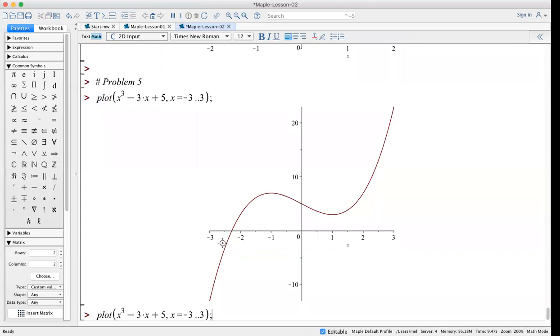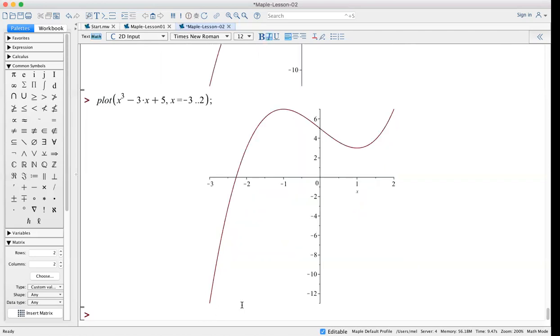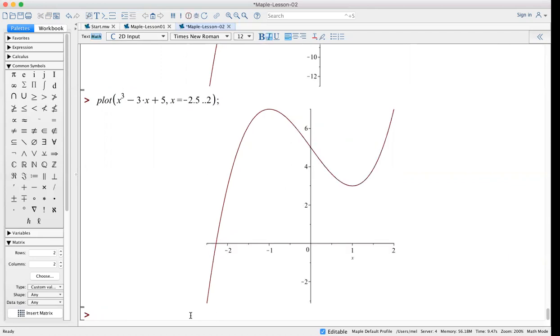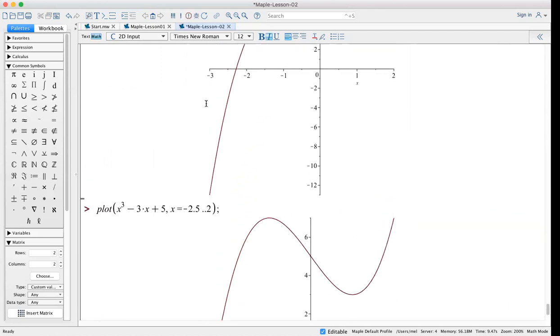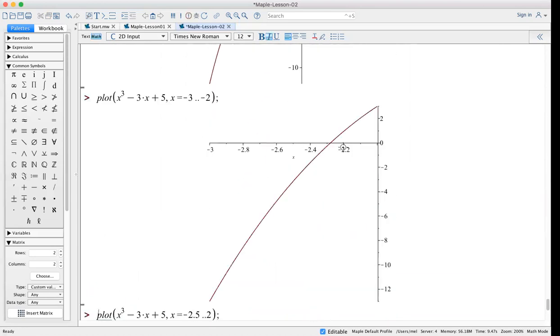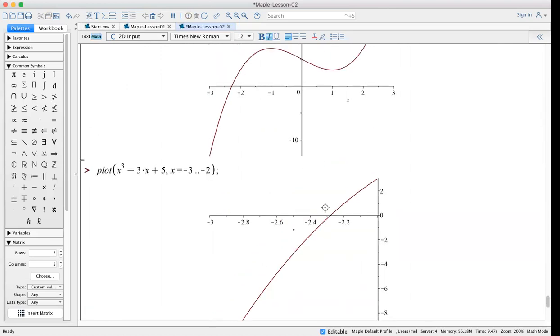Suppose I graph this maybe just from -3 to 2. Huh, that's what it looks like. Let me graph it from maybe -2.5. Oops. What I meant here was -3 to -2. So I can see that this curve, I'm looking at this point, it really is crossing the x-axis in this interval.